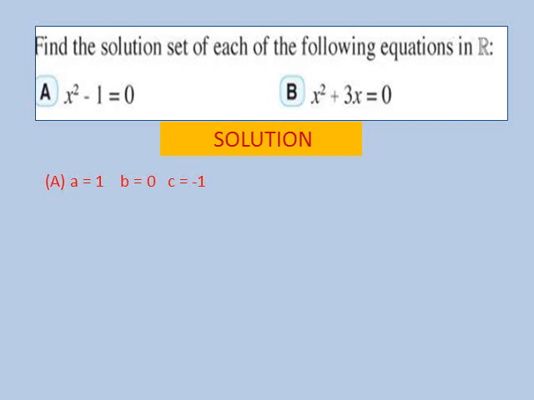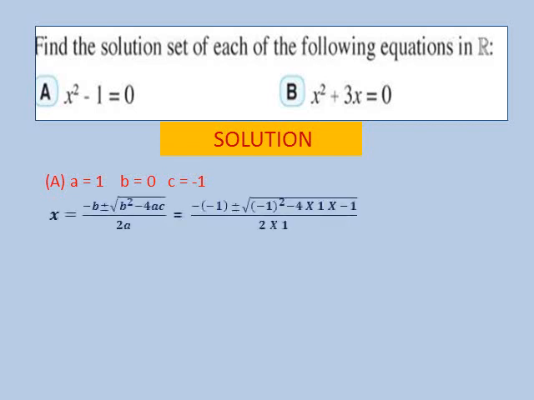Then we will substitute in the general formula. So x will equal negative 0 plus or minus root of 0 power 2 minus 4 times 1 times negative 1, over 2 times 1.